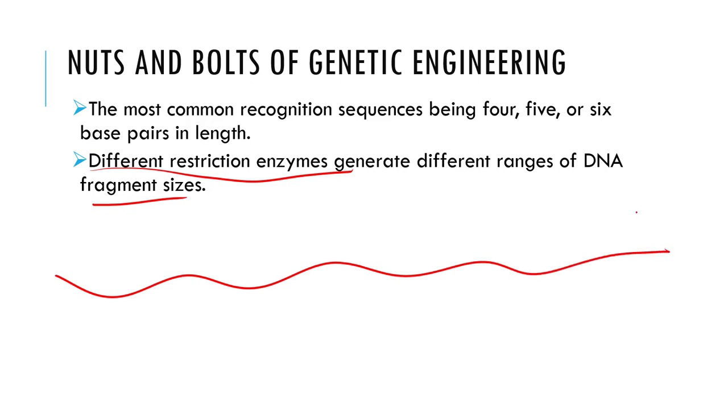For example, this is the DNA, and we have restriction enzymes, say A, B, C and D. If we allow A to cut this particular DNA, it might cut it into only two parts. Say its recognition sequence is here, so it would cut here. Now the DNA will consist of two fragments.